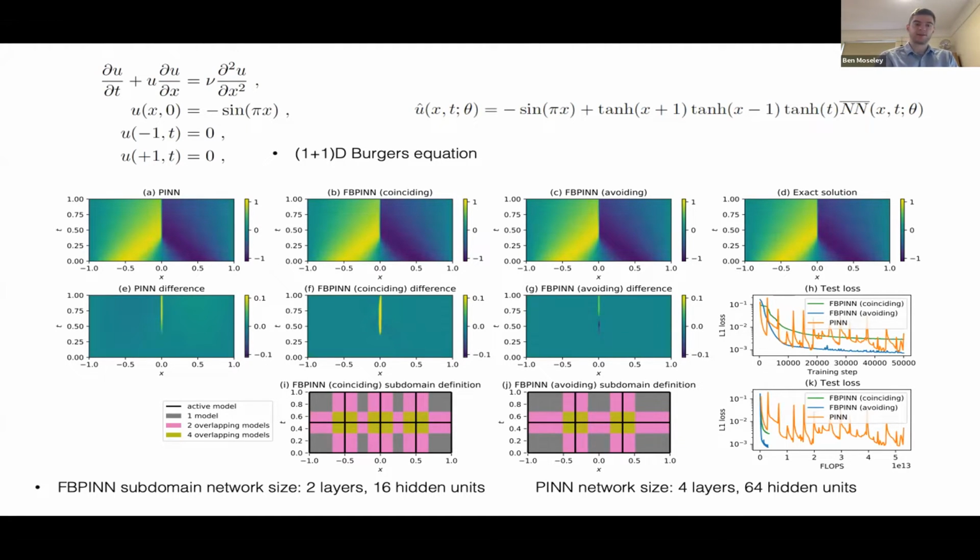And it does make a difference in the FBPINN. I think this is because of the complexity of having this interface between the subdomains and the window functions overlapping with the added complexity of the discontinuity. I think that makes the training slightly less accurate. But I would still stress that, again, the FBPINN ansatz is continuous and fully differentiable. So there's nothing stopping it, I would hope, from being able to express that shock in a similar way that a normal PINN would.